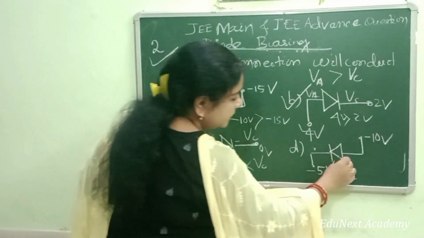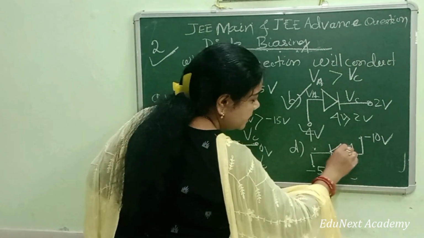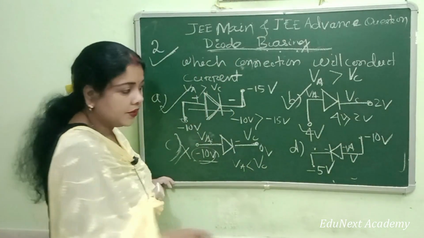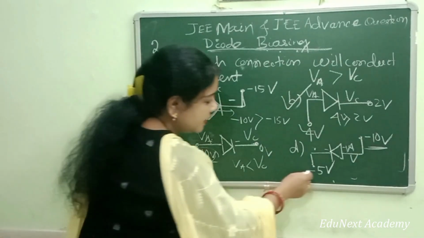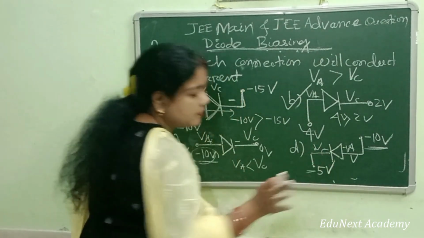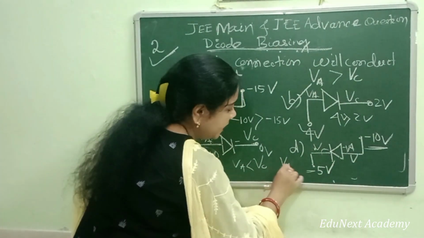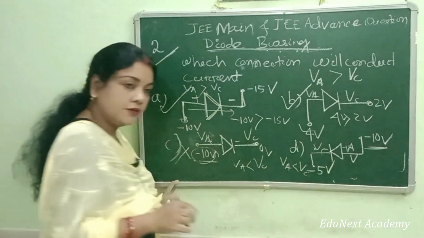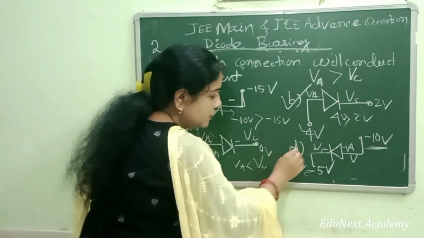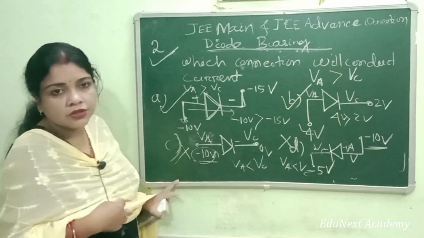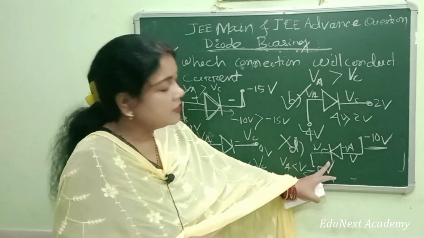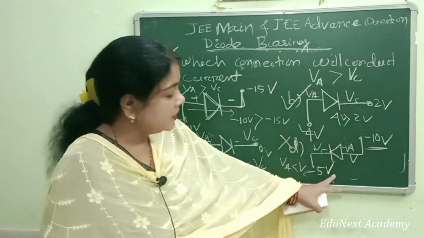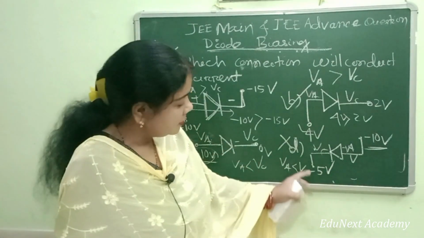Now this side is the anode. This is positive, this is negative. VA is minus 10 volt and VC is minus 5 volt. That means VA is less than VC. So option D will also not conduct the current because this is not a forward bias condition. Rather it is a reverse bias condition.